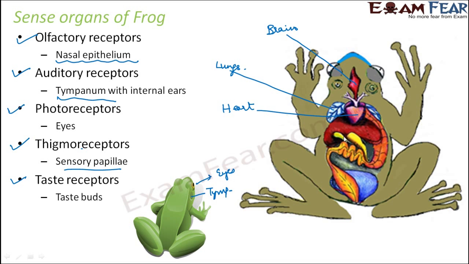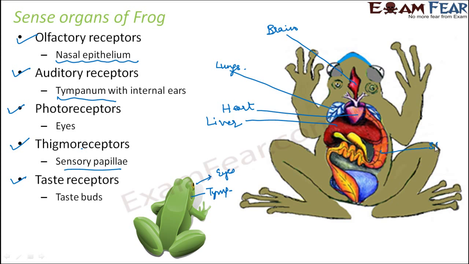Then you go a little down, you see a big red colored structure, which is nothing but the liver. So this is the liver. Now talking about the digestive tract, you will see the stomach lying here.